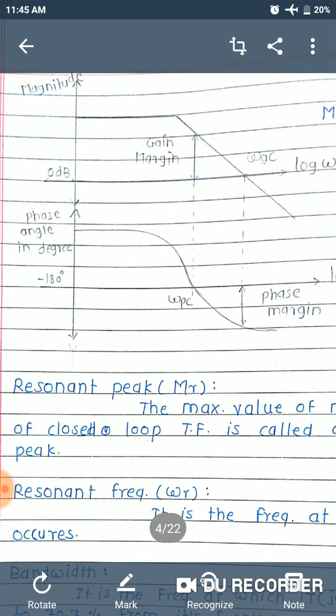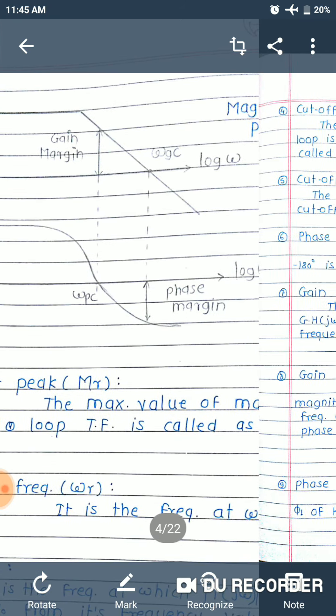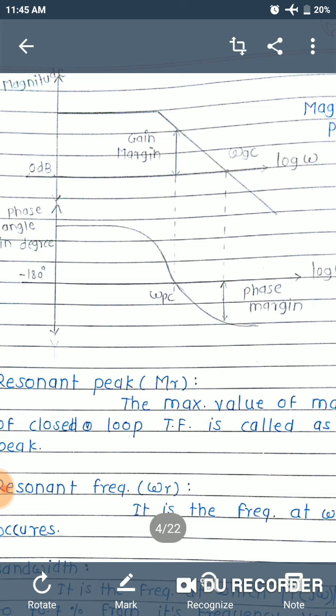After drawing the phase plot, we mark the minus 180 degree line and draw the vertical line up to the 0 dB line; whatever the line above that is, that is the gain margin.